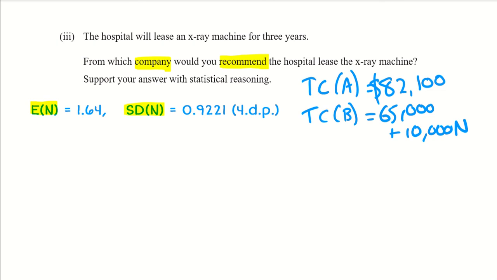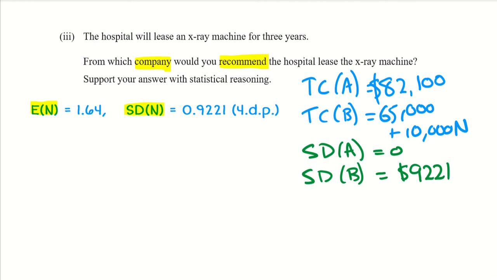What we then went on to do was we found that for A there was no variance in the standard deviation. And the standard deviation for the total cost of company B was $9,221. So what we need to do now is find the expected values.